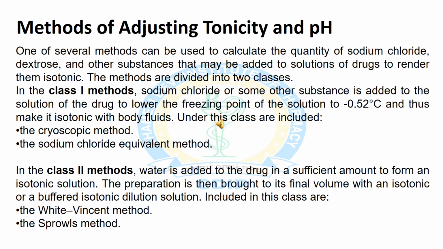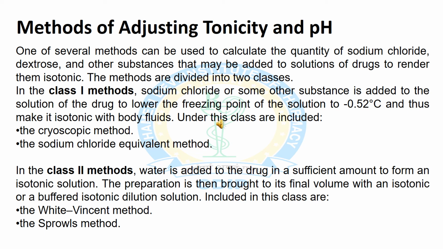These methods are broadly classified into two categories, that is class 1 method and class 2 method. In case of class 1 method, the sodium chloride or some other substance is added to the solution of a drug to lower its freezing point of the solution to minus 0.52 degrees centigrade and thus to make it isotonic with the body fluid.